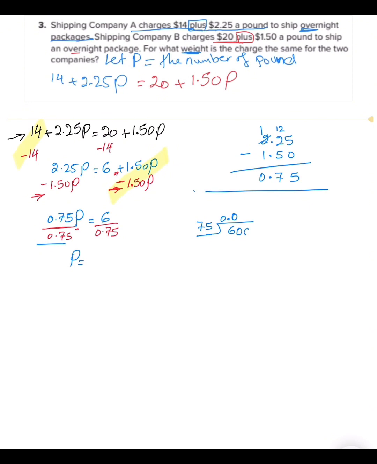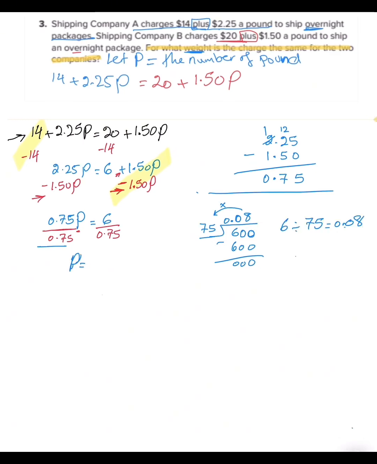So we will add one more 0 because 60 is less than 75. 600 divided by 75 is 8. If you multiply 8 times 75, it is 600. So it is 0, 0, 0. Okay, so 6 divided by 75 equals 0.08.